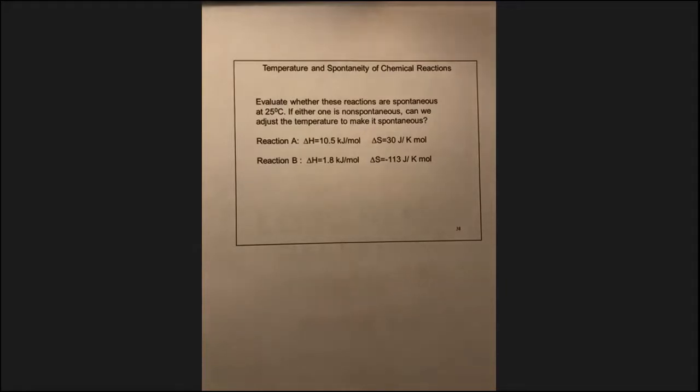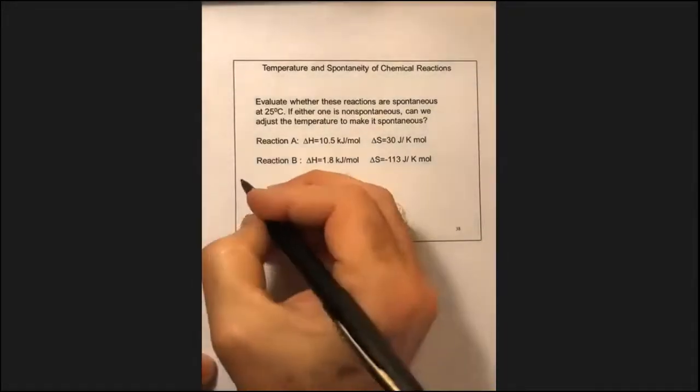So let's say these reactions are being carried out at 25 degrees Celsius. And given the values of delta H and delta S, is either one of them non-spontaneous? And if it is non-spontaneous, can we adjust the temperature to make it spontaneous? Ready? Let's do this.